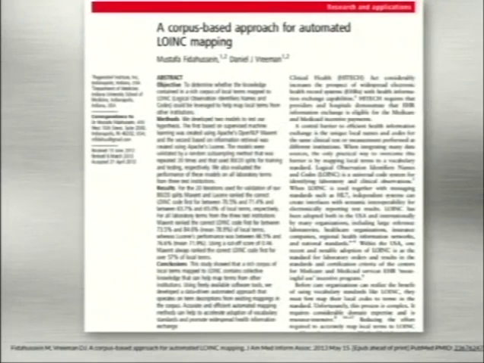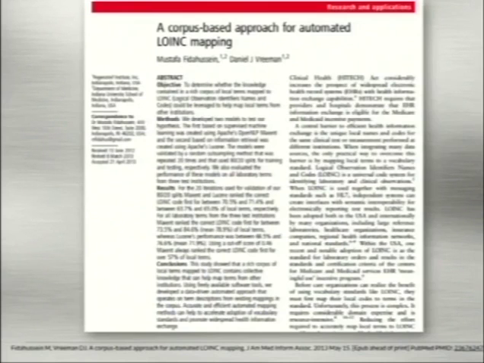Our first evaluation of this was published in a JAMIA paper where we were trying to determine, based on the data in the INPC, whether we could use the existing mappings as a corpus and use some information retrieval technology to see how well the corpus could predict future mapping.